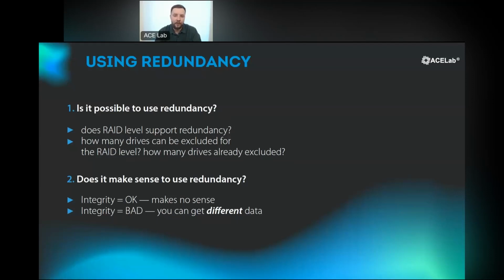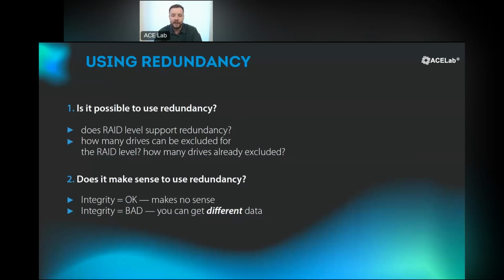So, for example, you detect this configuration, you open the data, and the data is damaged. Does it make sense to try to read data from the second drive? If the second drive contains absolutely the same data, there is no sense, because you will get absolutely the same damaged data. But if the second drive contains different data, maybe this data will be better.